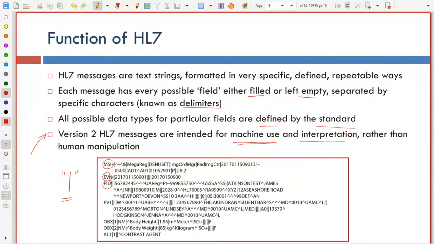This helps the communication to be done in a reliable way. So HL7 is meant for machines to communicate with each other. Whenever the message reaches a particular machine, it can be interpreted and displayed in a particular way, or used to do a certain function or communicate certain information.